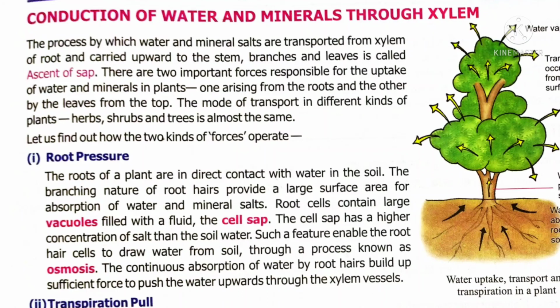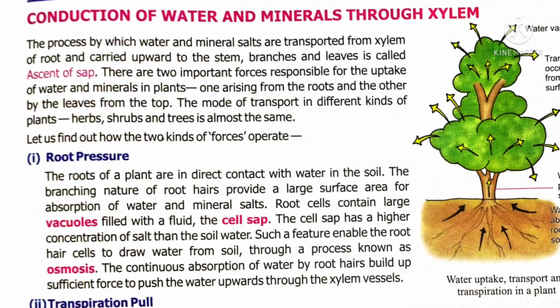This water is pushed inside the cell in the process of osmosis. Now you understand clearly that water always flows from an area of high water amount to an area of less water. Inside the root there is less water. Outside the root, in the soil, there is more water. So water pushes inside the root in the process of osmosis. This process is called osmosis.